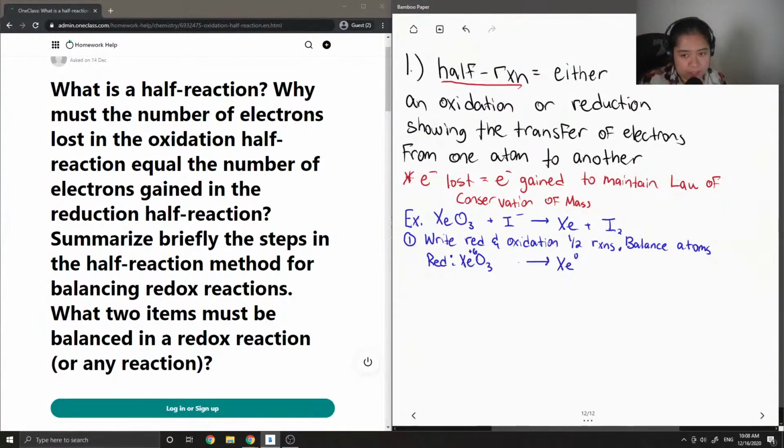So I want to now balance the atoms. So you'll see that there are 3 oxygens on the reactant side and there are none on the product side. So in aqueous solutions, to add oxygen, I am going to add 3 H2O.